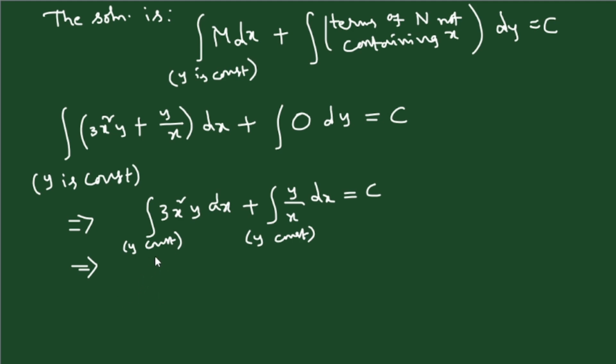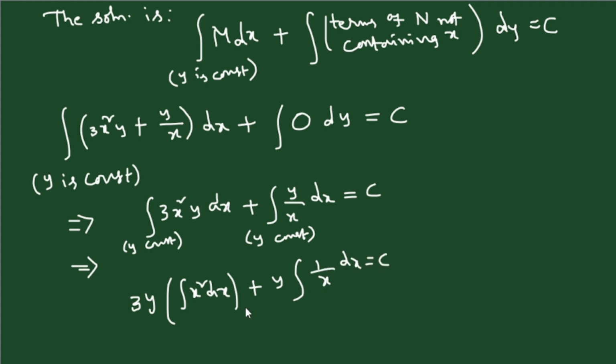So here, because y is constant, 3y becomes constant. You can take it out. Integral x square dx, x square remains inside the integrand. Plus, you can take y out as a constant. Integral 1 by x dx equal to c.